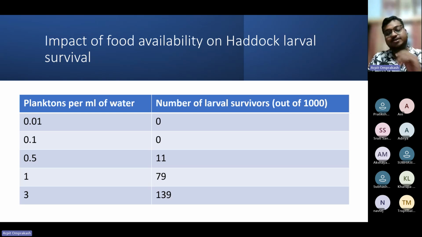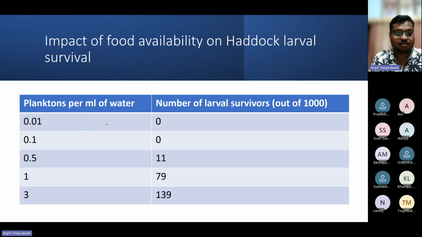People have estimated and seen that the concentration of planktons present in the water does affect the growth of fish larvae. If you have very low concentrations of plankton in water, you have very low survival of fish larvae.